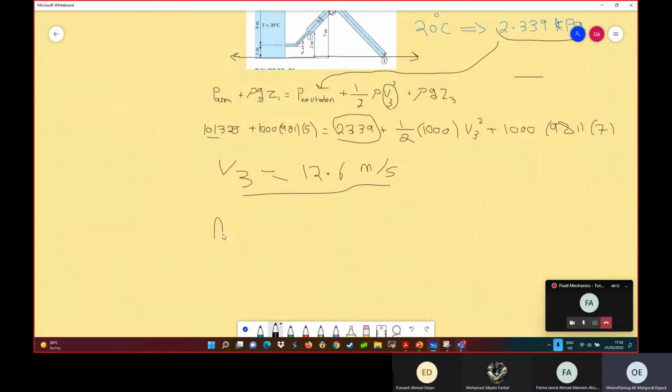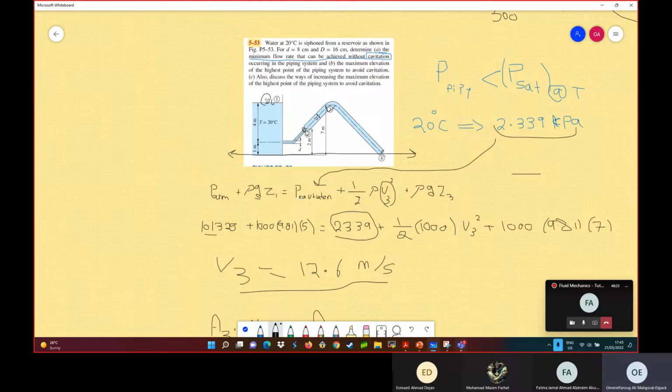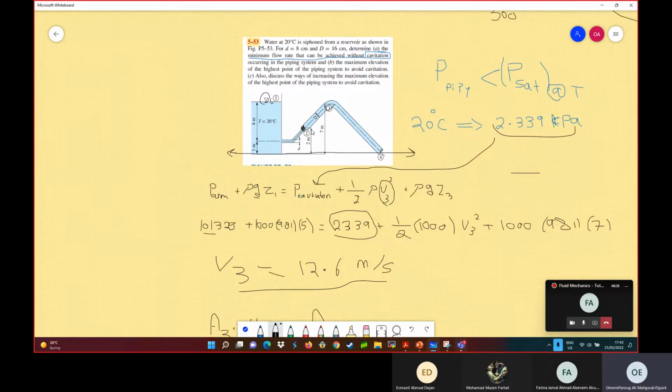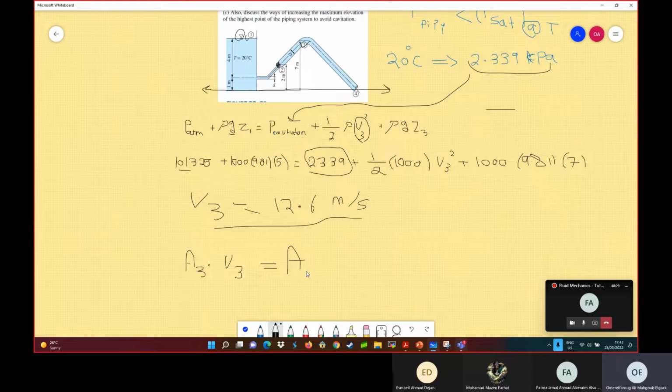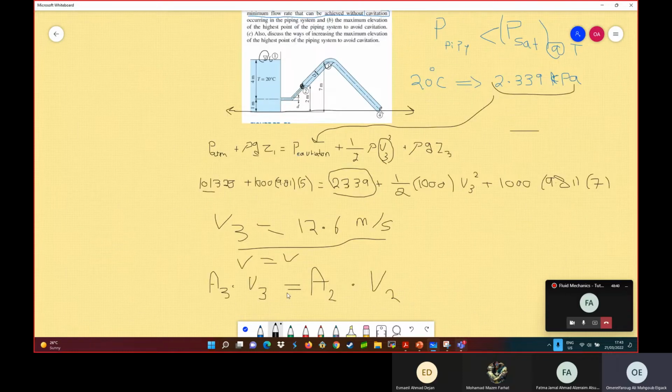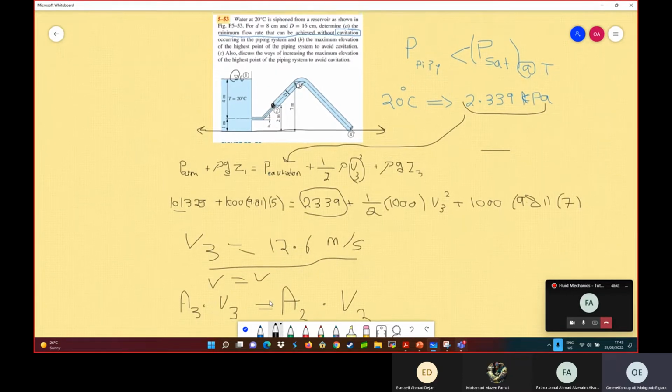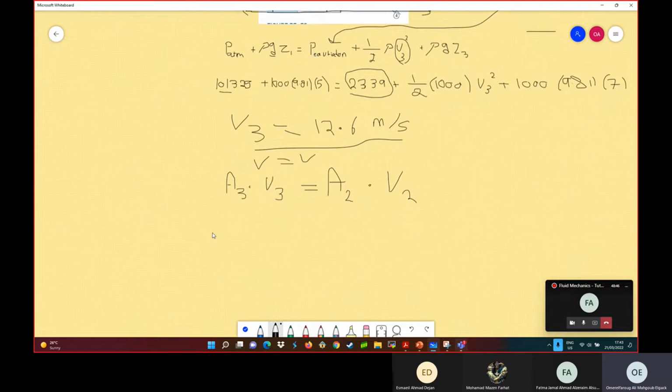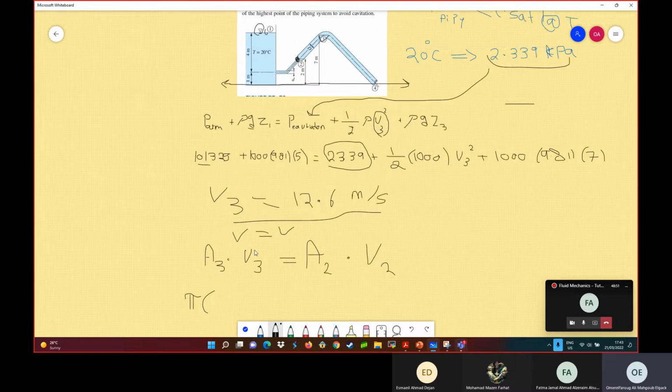So now I have A3 multiplied by V3, and I have A at 0.2, the second critical point, A2 multiplied by V2. I'm applying here the continuity equation. A3 has the diameter, so it's pi d squared over 4.